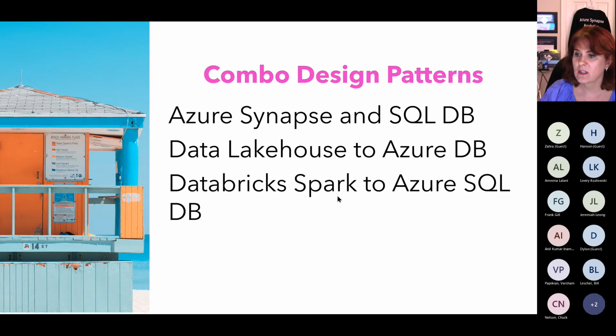I could use Databricks Spark to an Azure SQL DB. They've got a number of different things that I could possibly use with Synapse. So I'm not just using a data warehouse or using serverless. You can take your data and put your data in a number of different places and use a number of different tools and use them in combination in whatever way makes sense to you.